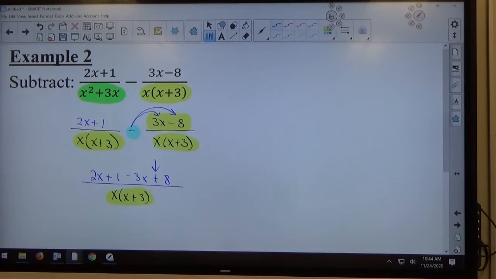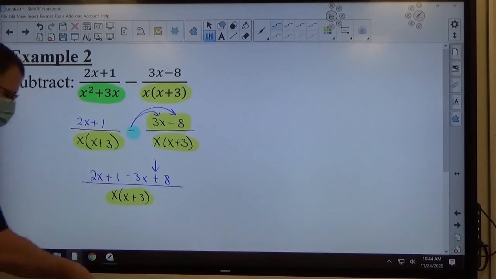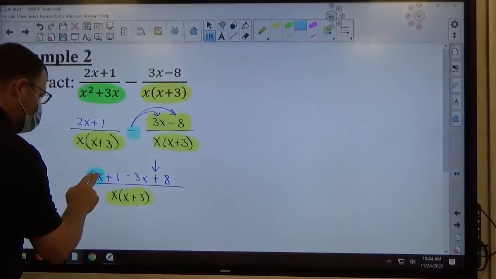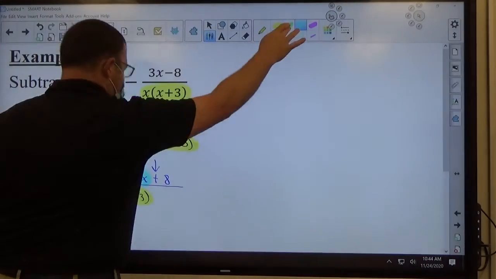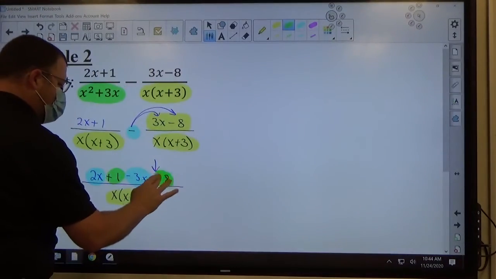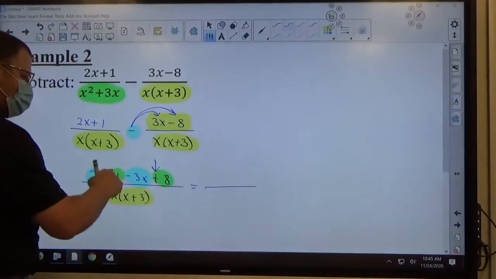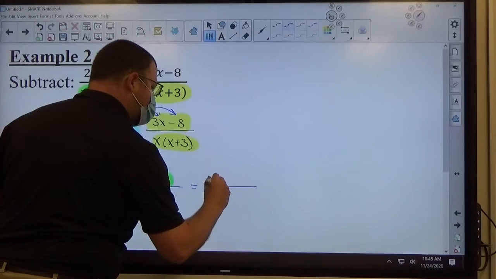What's left to do on top now, if possible, we need to combine like terms, and notice there are like terms this time. So we do have the 2x and the minus 3x, and we have the plus 1 and the plus 8. So the end result of this, if I combine my like terms, 2x minus 3x makes negative 1x.